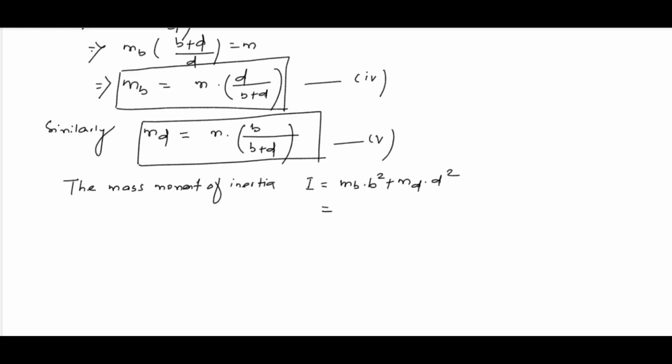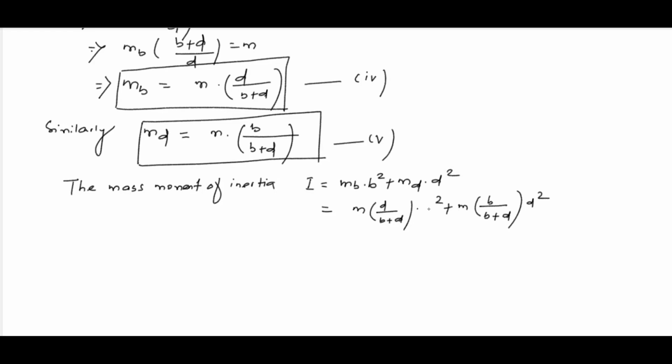So I can write this, replacing MB by M times d by (b plus d), into b squared, plus M times b divided by (b plus d) times d squared.